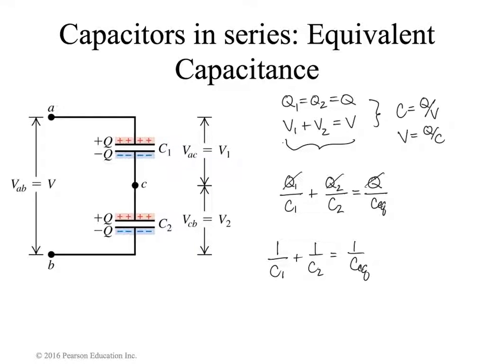And basically this tells us the rules of how we can add the two capacitors to find the equivalent. We have to add the reciprocals, and that gives us the reciprocal of the equivalent. Something that you might not realize at first is that C equivalent will be smaller in value than any of the capacitors that we are working with.